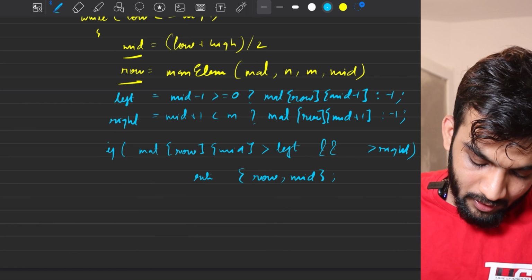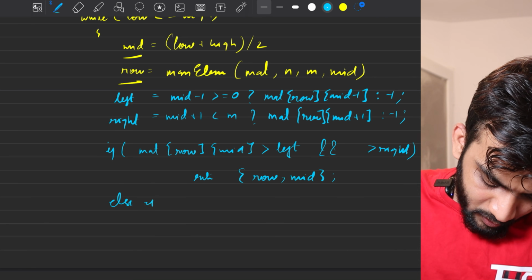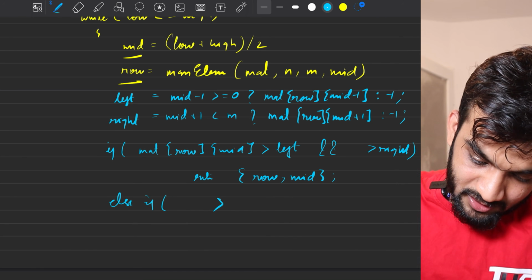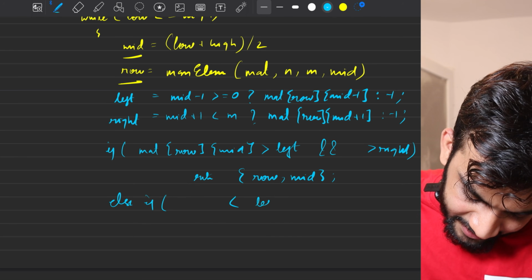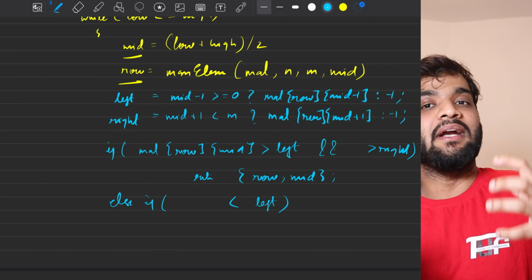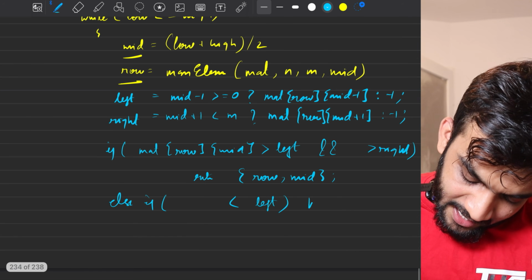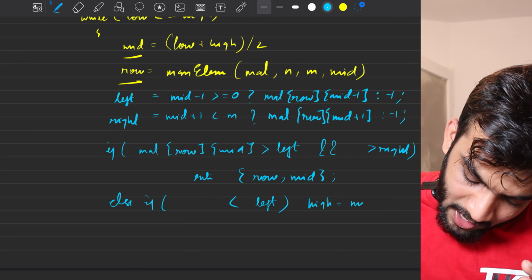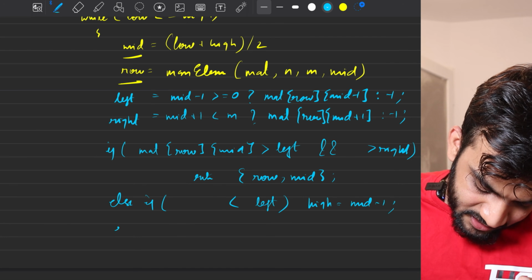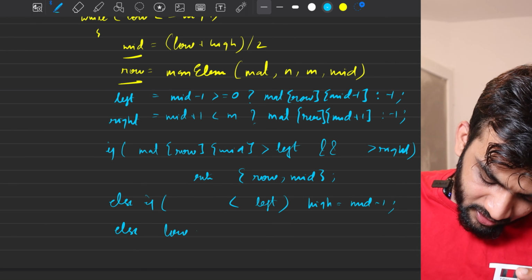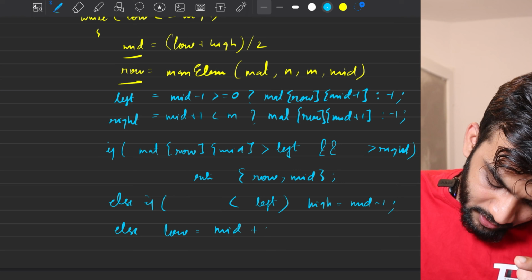Perfect. Else if the matrix value is smaller than the left, which indicates the left one is greater, there is a possibility that the peak is on the left. I say high equal to mid minus 1. Or else I will go the opposite, saying low equal to mid plus 1.